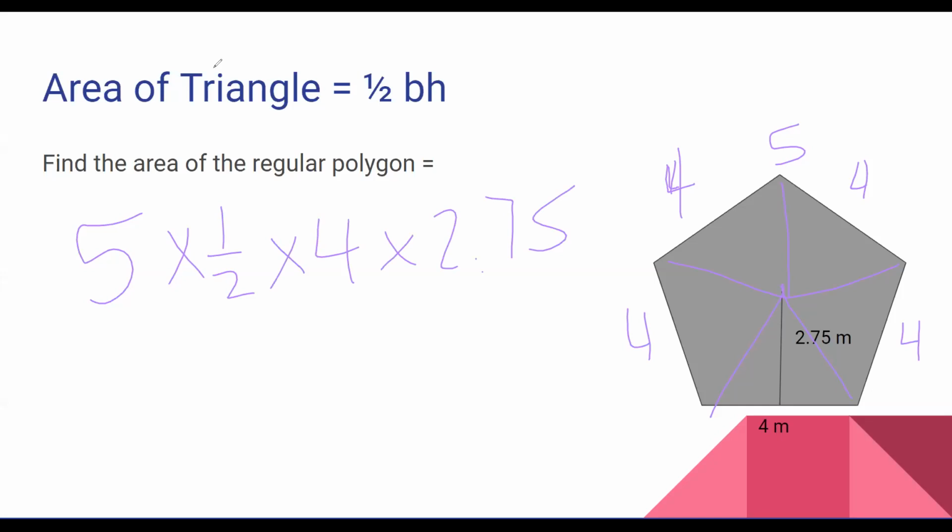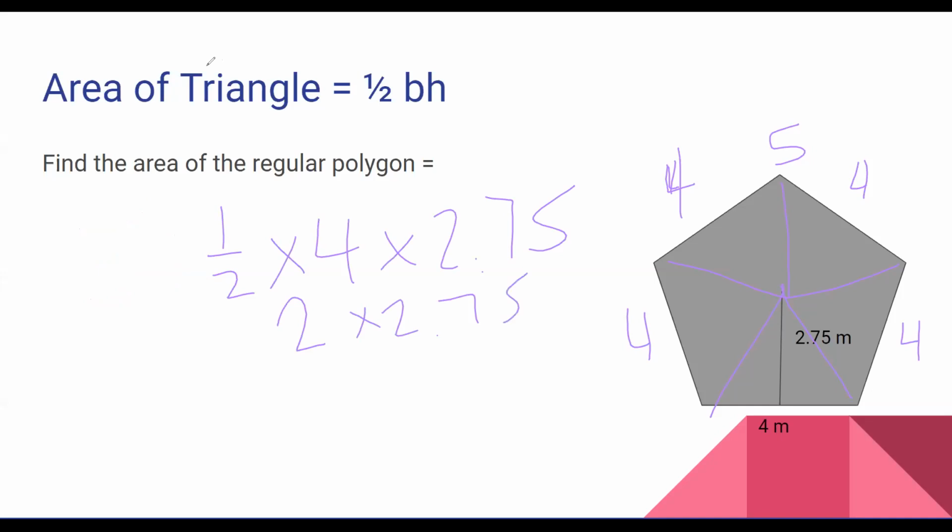Again, we'll leave the 5 out for now. We will multiply by 5 at the end on this one, since we did it opposite on the first one. So you have 1/2 times 4. Half of 4 is going to give you 2. So I have 2 times 2.75.